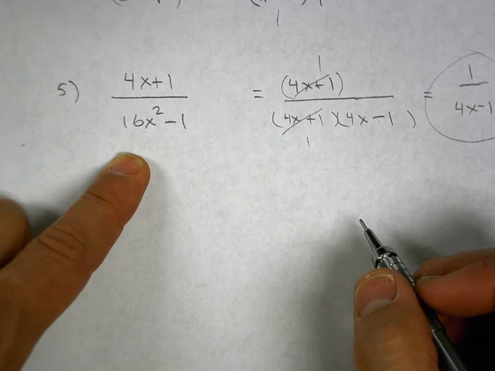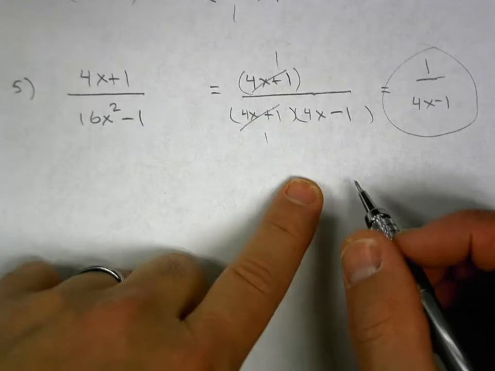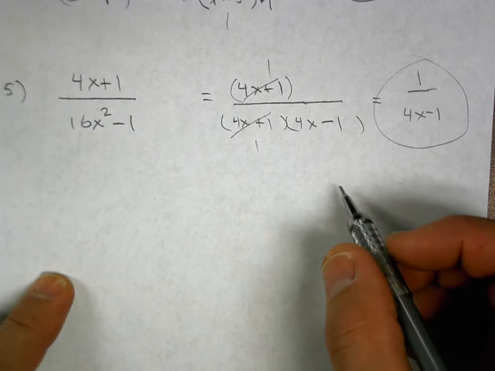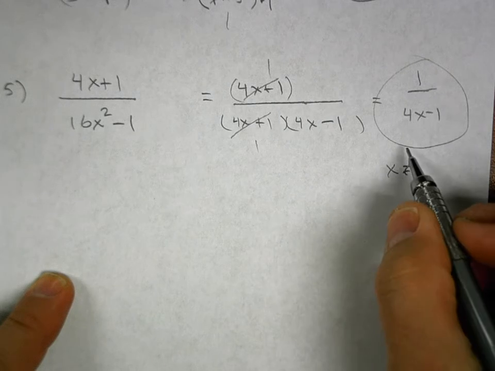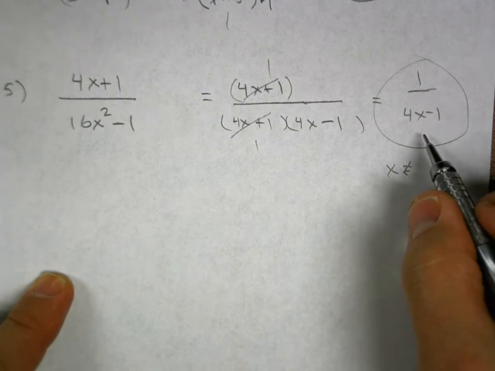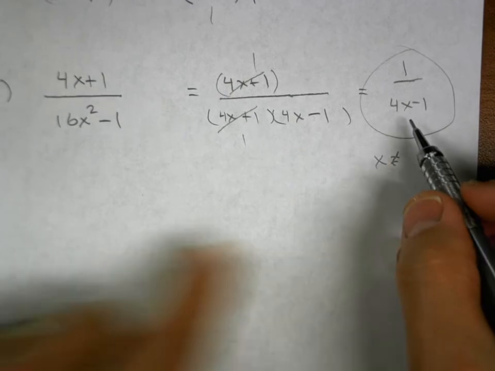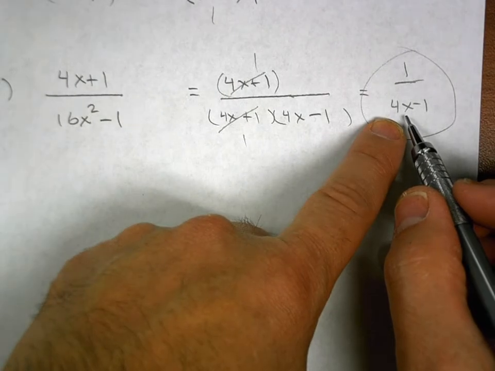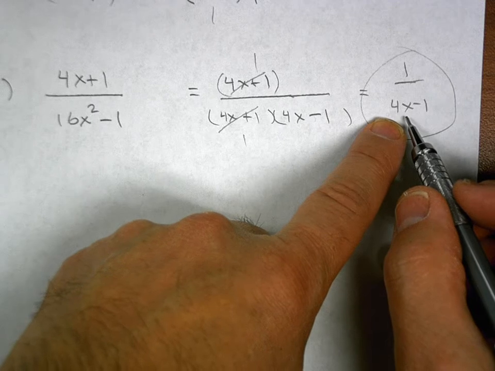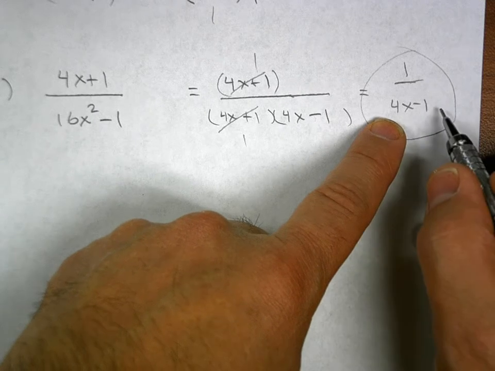And then I guess we better do the restrictions there. So x can't equal, well, what for this one? Positive 1? Or how do you figure out what makes that 0? Set it equal to 0 and solve it.